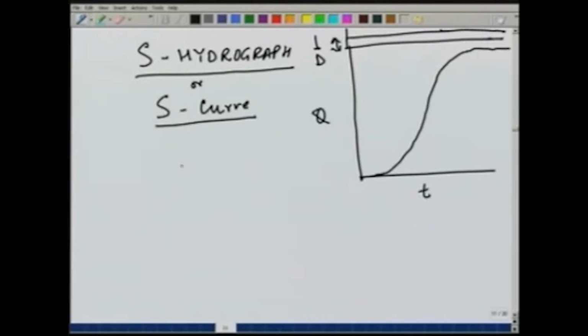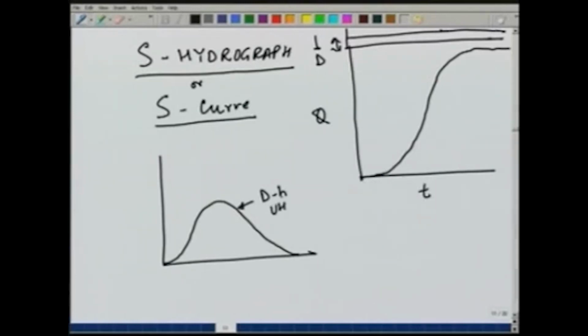If we know the d hour unit hydrograph, so d hour unit hydrograph is given to us, and the rain which is causing this is of duration d and intensity 1 over d. Now, suppose another rainfall occurs of the same duration and intensity 1 over d.